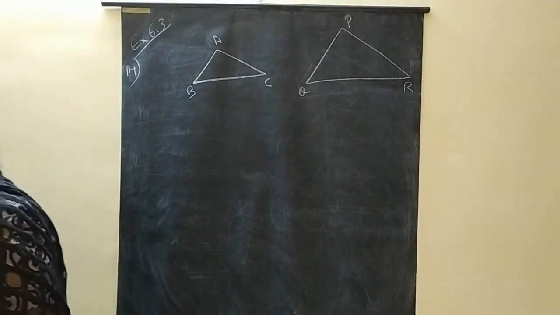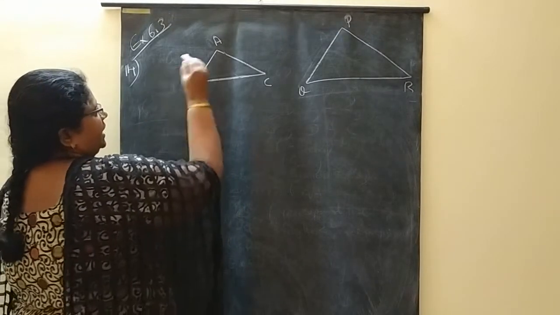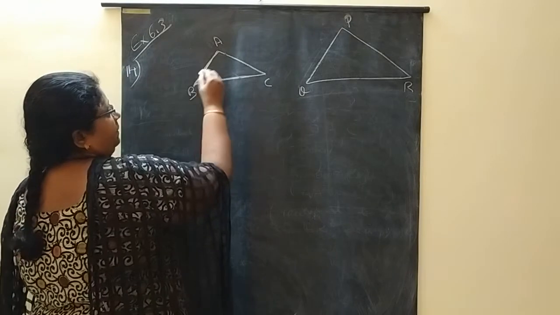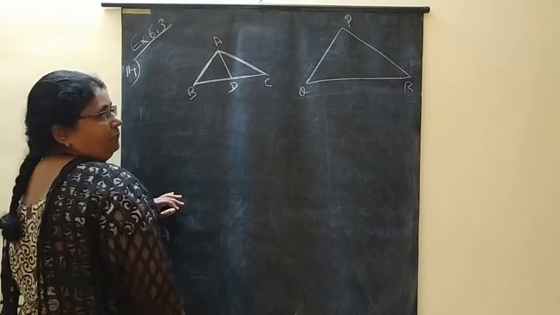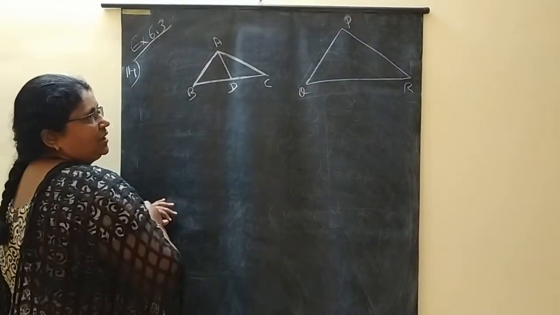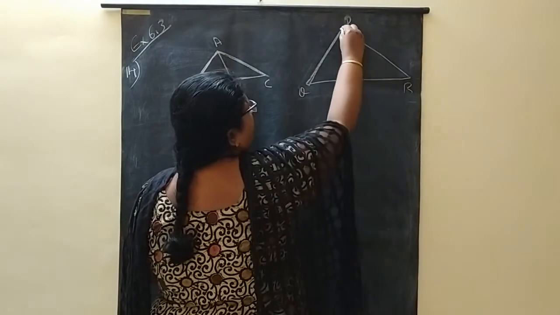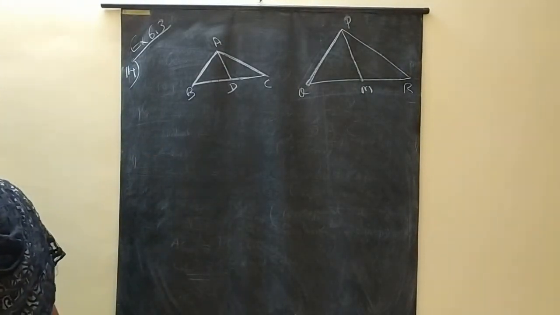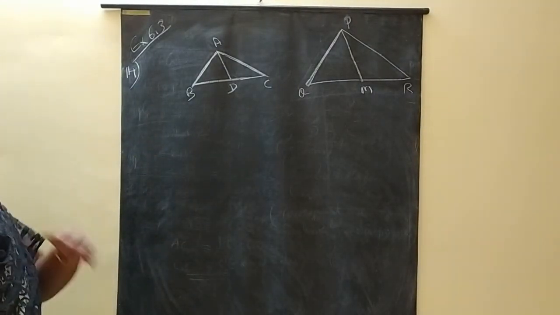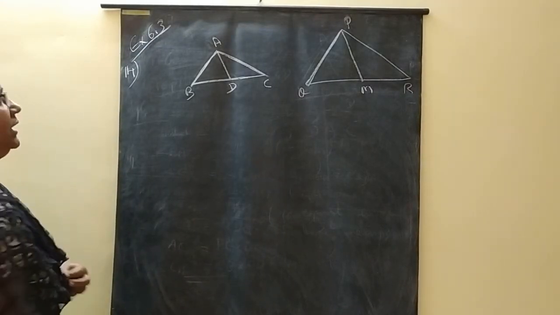The question is: sides AB, AC and the median AD of triangle ABC are proportional to PQ, PR and the median PM of another triangle PQR. Prove that triangle ABC is similar to triangle PQR.